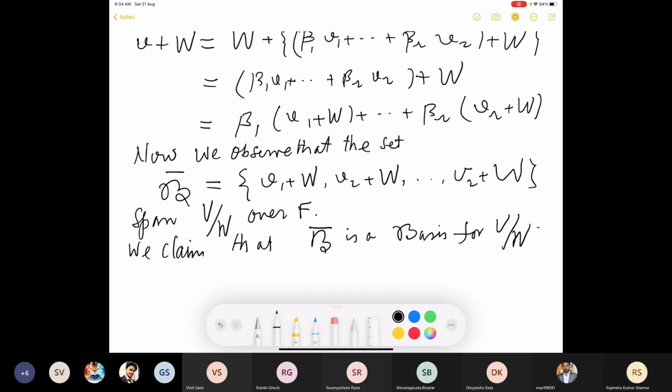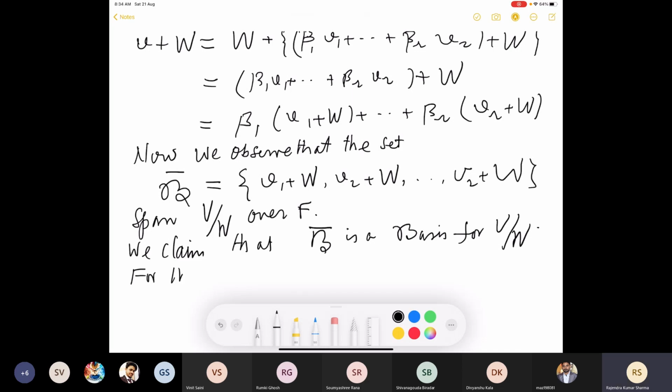Now since these cosets are spanning the whole of V by W, the only thing that remains is to prove that these are linearly independent.